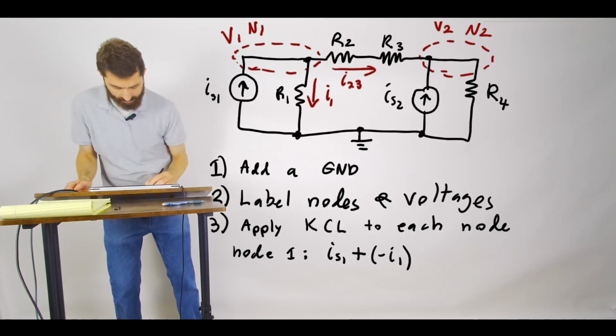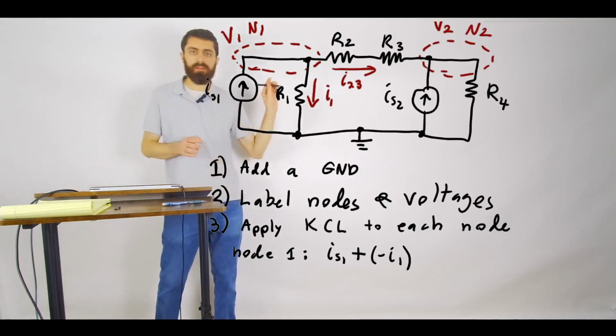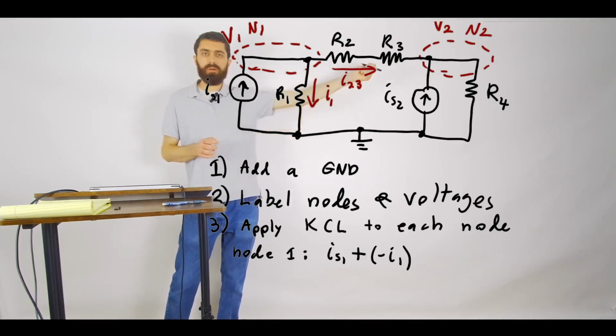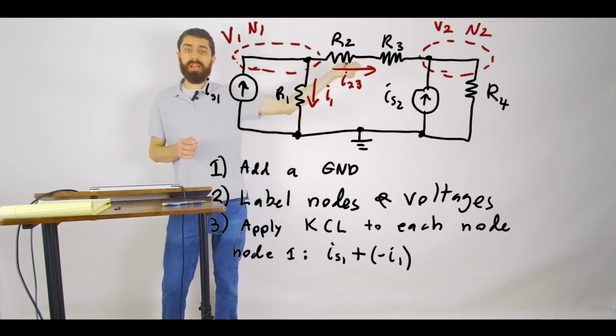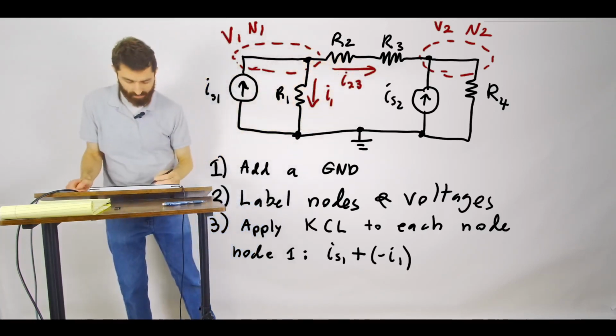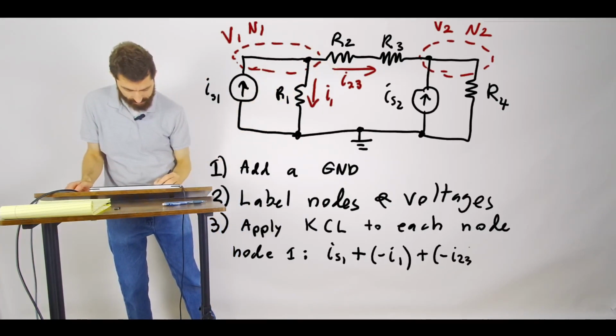And then we want the current going into the node from this branch as well. We have this oriented this direction, so that means it would be minus I23 that's actually going into the node. So plus minus I23, and that's all equal to 0.